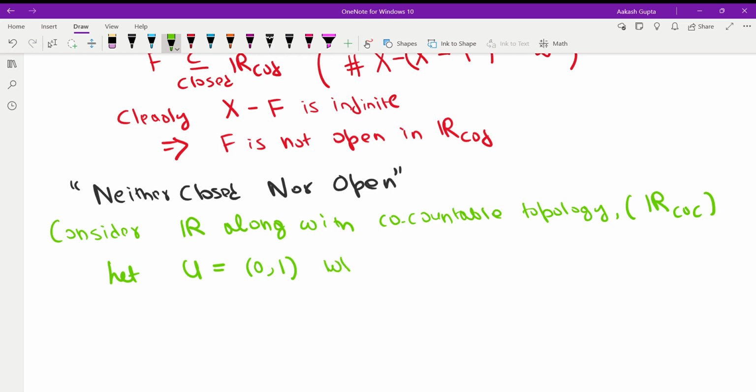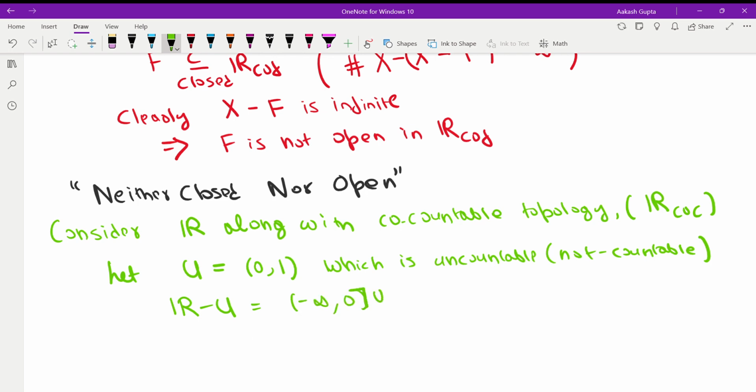Is it countable? No. So it is uncountable, or not countable. What is R minus U? This is (minus infinity, 0] union [1, infinity). It is also not countable.